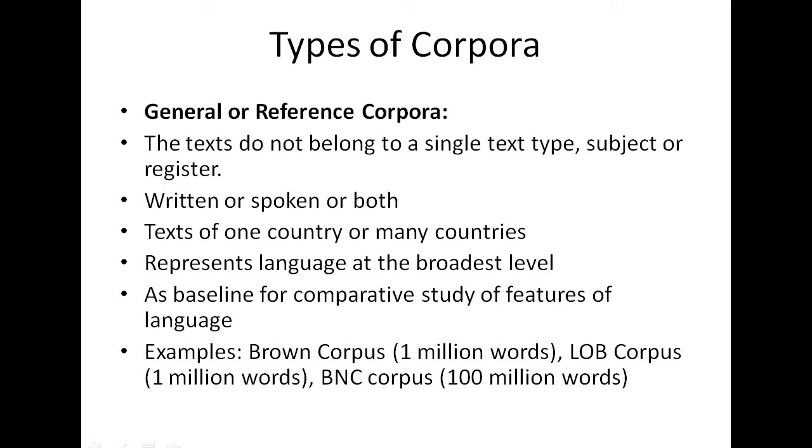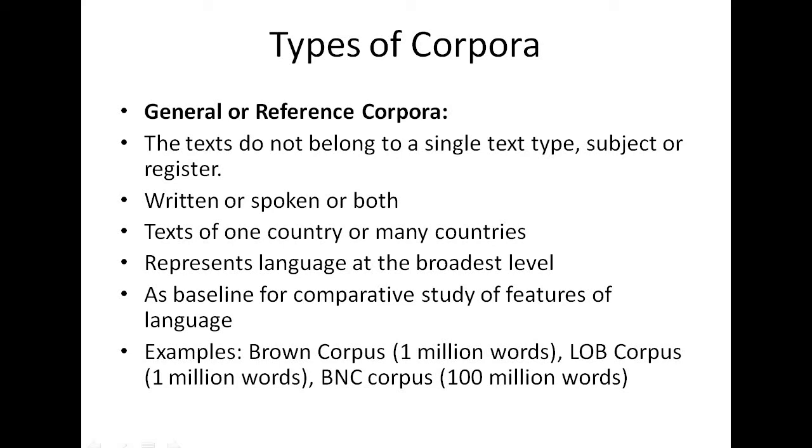And the third feature of this corpora is text of one country or many countries. For example, we take an example that I am going to collect a corpus that would contain English newspapers published in Pakistan, Pakistani fiction written in English, then the text of advertisement leaflets.